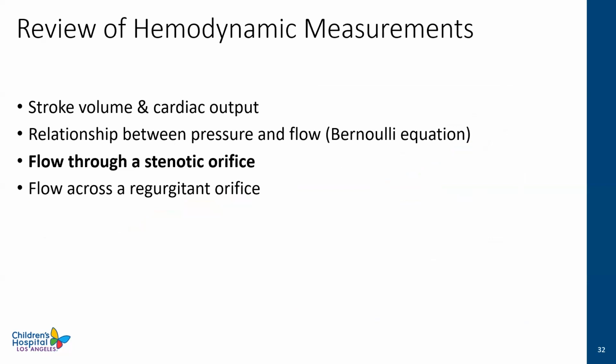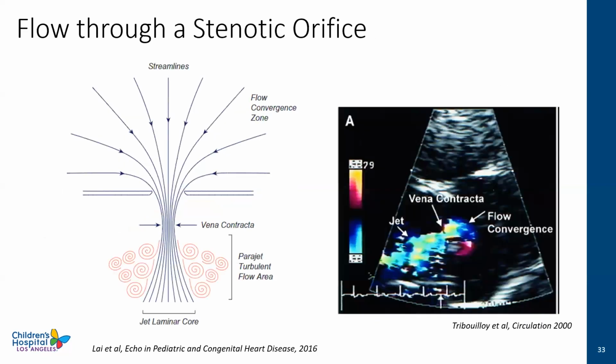So taking a deeper dive into flow through a stenotic orifice, if you look at the flow patterns across a valve, you can see that there are different areas of flow. And so at the top, you have this flow convergence zone, which is characterized by non-turbulent flow that follows streamlines converging into a symmetric pattern.